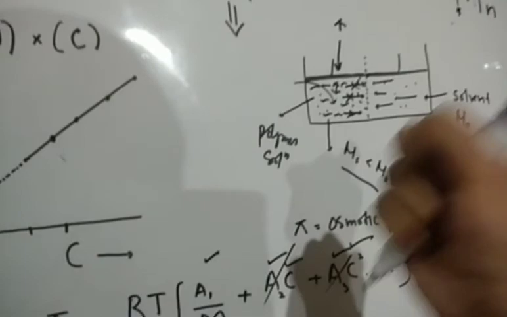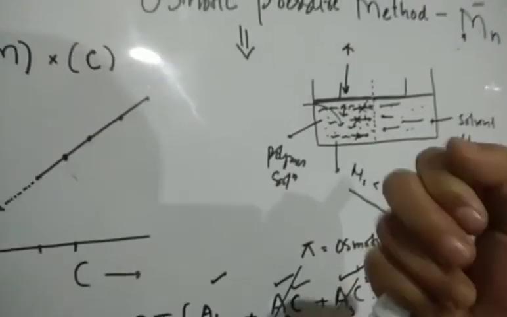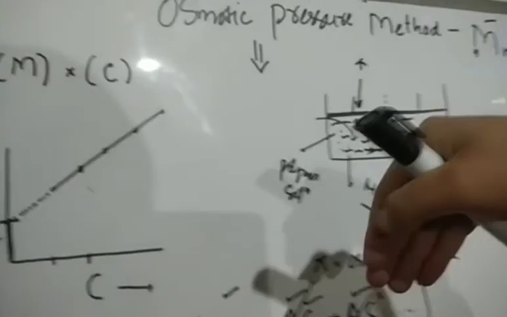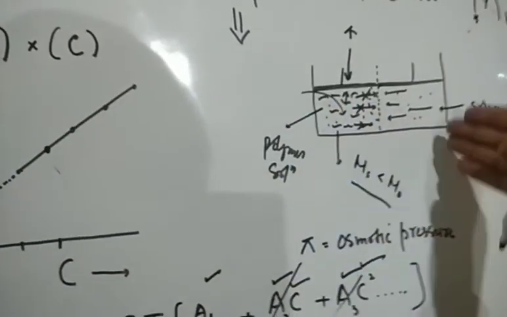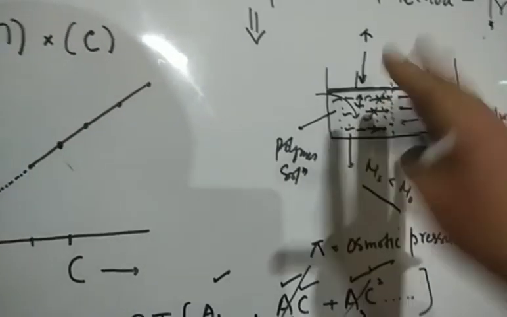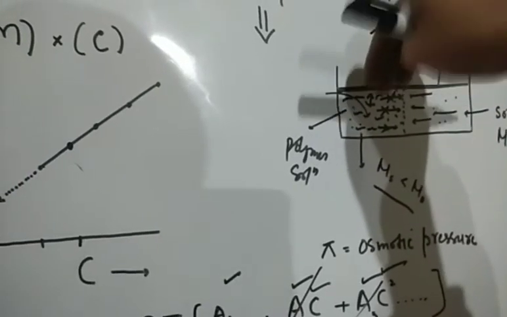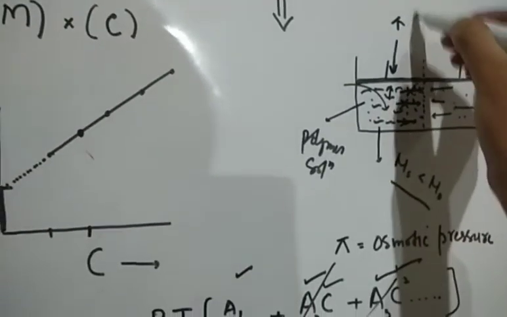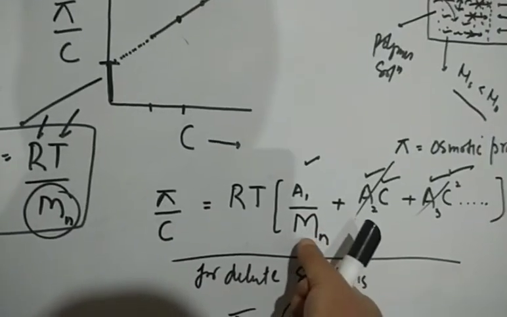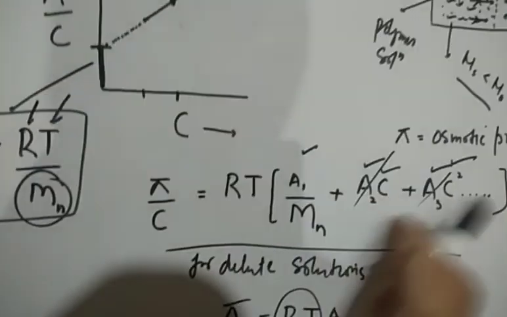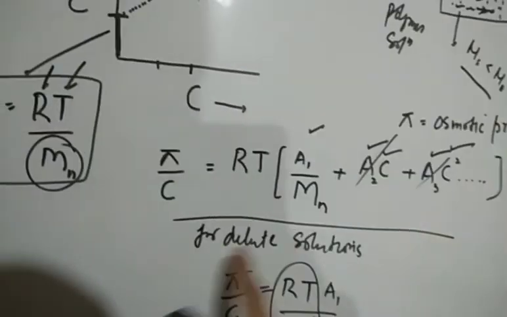That is, a polymer solution possesses low chemical potential, so we need extra pressure applied on that side to prevent the flow of solvent from this side to this side, or we should say that in order to maintain the equilibrium we need extra pressure. That is called osmotic pressure. That osmotic pressure is related to the molecular weight via this virial equation, and we know that the higher coefficients can be neglected for dilute solutions.